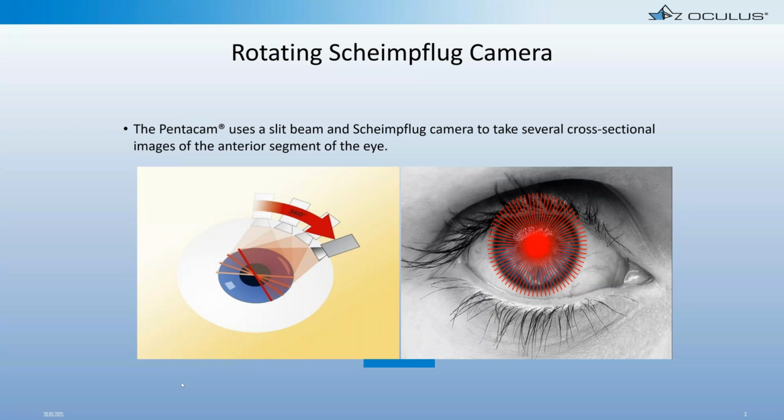If you look at the little picture on the right, you see the little red lines, and that's the area we're imaging, like 14 millimeters. So it's important to note that the Pentacam is going to give us full corneal data. It's going to give us cornea and a little beyond, which is really important when it comes to designing contact lenses that we want to be nearly full corneal.